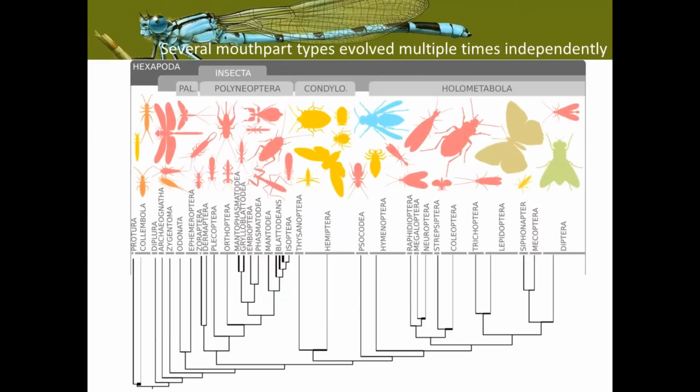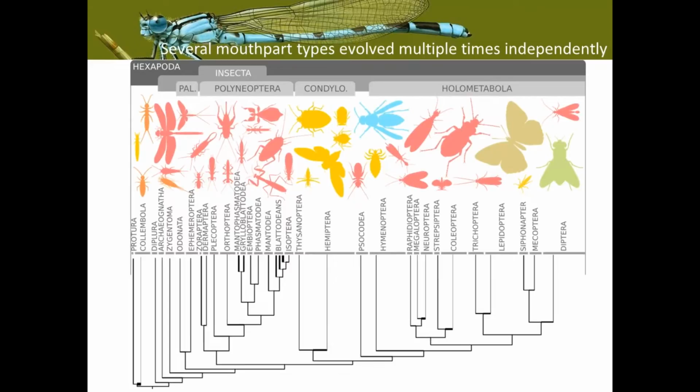And taking a very brief look at the evolution of insects, we see that when we color the different mouth part classes, for example, in red color here on this tree of insects, we see the biting, chewing mouth parts. Then in yellow color we have piercing, sucking mouth parts. Then in blue color we have intermediate mouth parts.